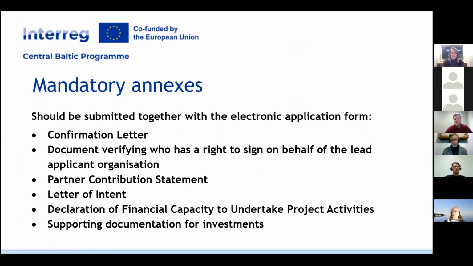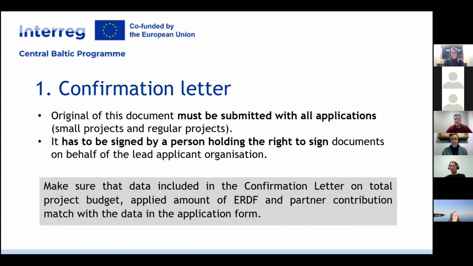There is a list of mandatory annexes you should submit together with the electronic application form. Those are as follows: the confirmation letter and the document verifying who has a right to sign on behalf of the applicant organization, a partner contribution statement, a letter of intent, a declaration of financial capacity to undertake project activities, and supporting documentation for investments. So then let's go one by one, what is meant by each of those documents. Let's start with the confirmation letter.